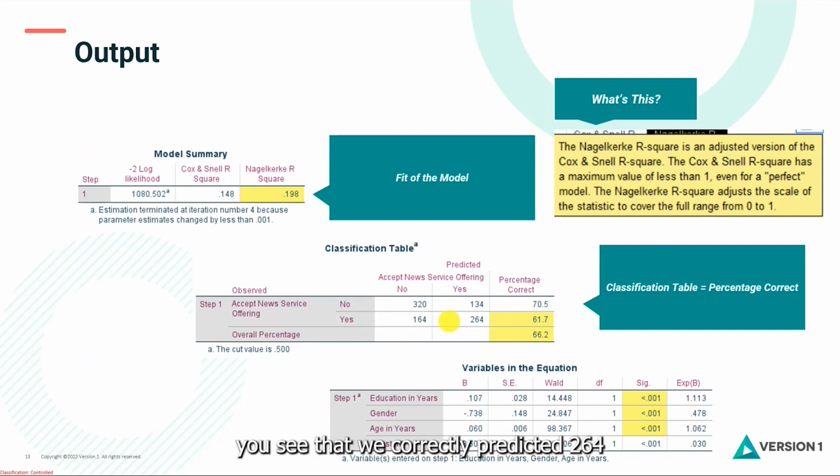You see that we correctly predicted 264 and we mispredicted 164. So the accuracy rate in the yes category is about 62%. Below this, we have the variables in the equation table. You can see we included education, gender, and age, and they are all significant predictors of news channel take-up.